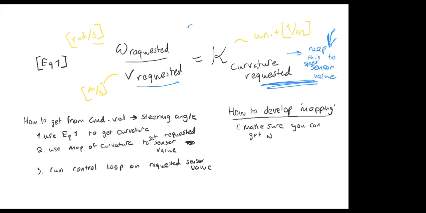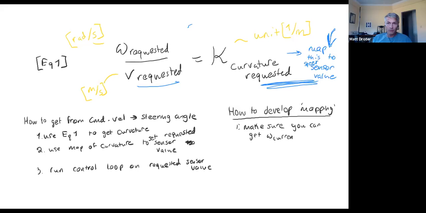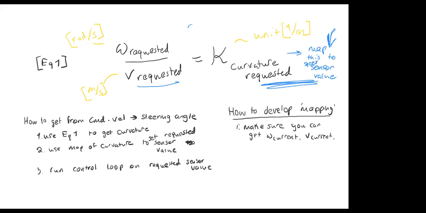Steering angle, yes, exactly. If you have those 3 measurements, then you can map curvature to your steer angle. Yep. And it should take all of 10 seconds, depending on how fast you want to turn or sweep.